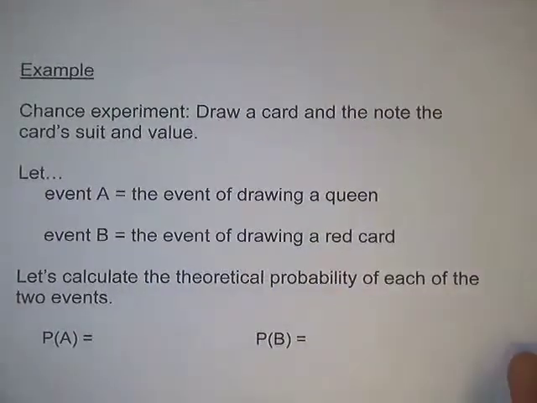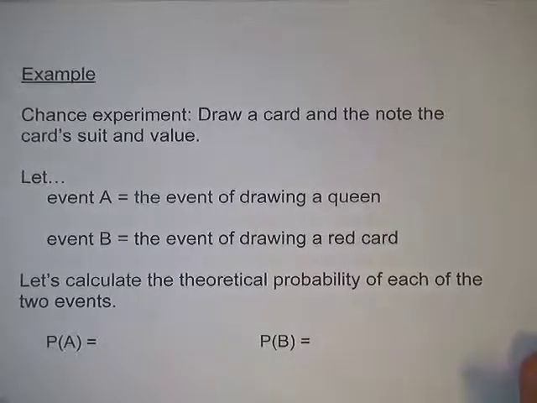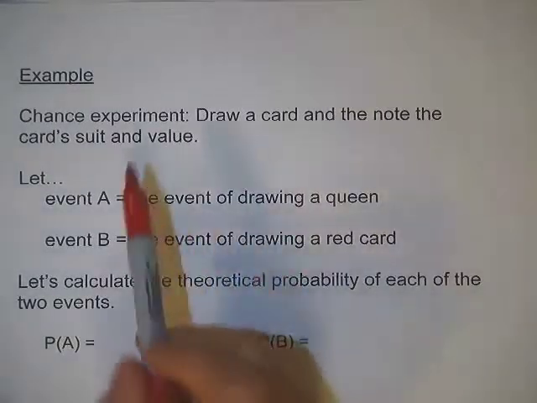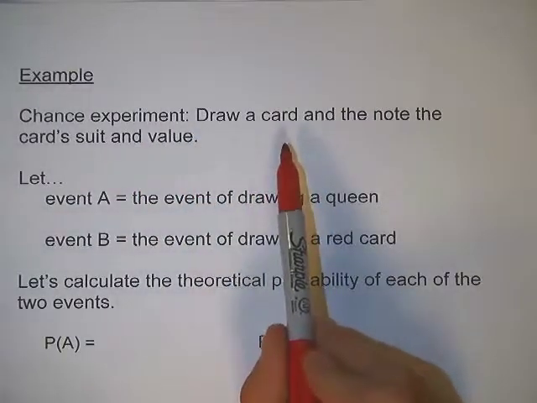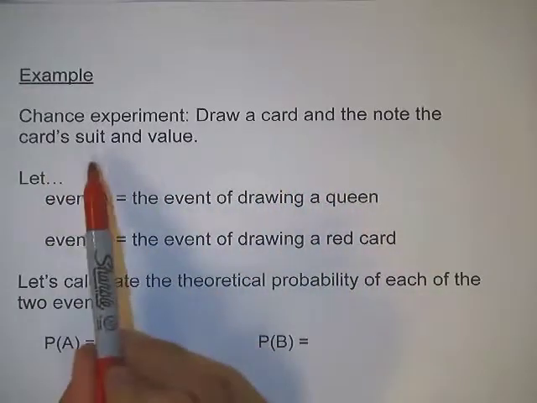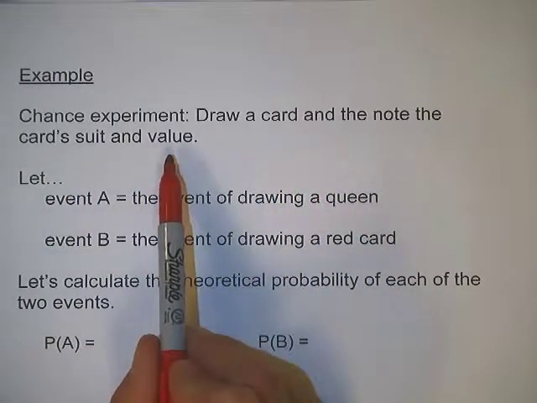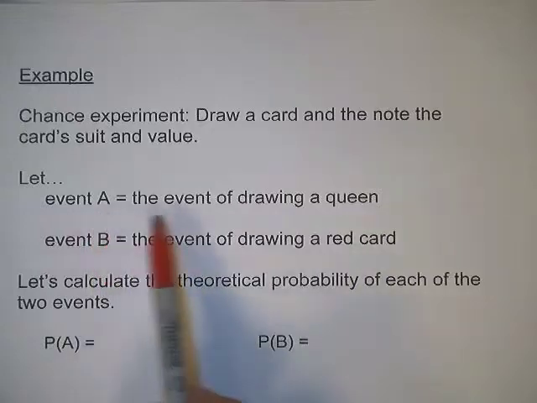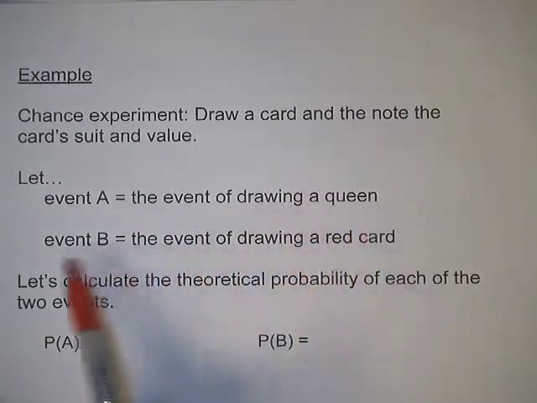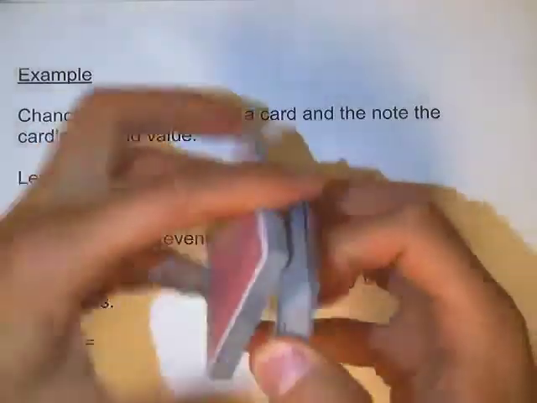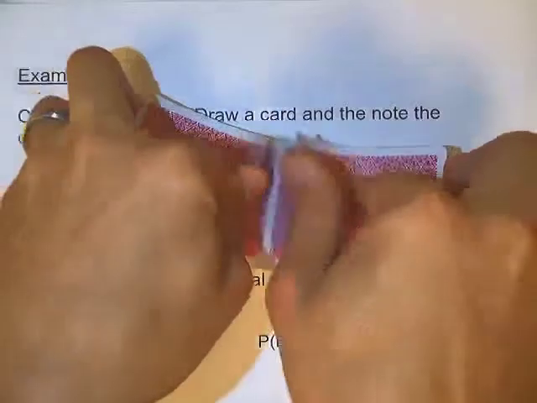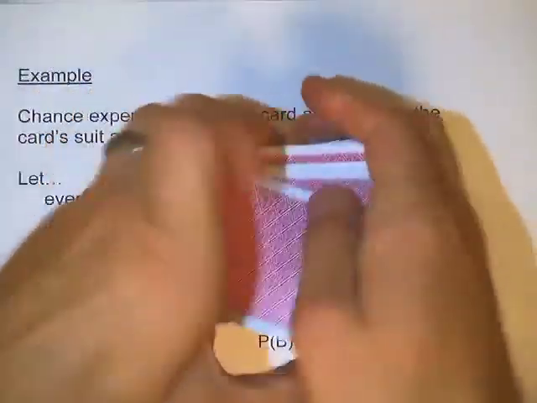Okay, so let's take a look at an example here. Let's first of all look at what our chance experiment is. The chance experiment is to draw a card from a standard deck and note the card's suit and value. We're going to let event A be the event of drawing a queen, and event B the event of drawing a red card. If we just think about our standard deck of cards here, I'll shuffle them up and simulate the chance experiment.